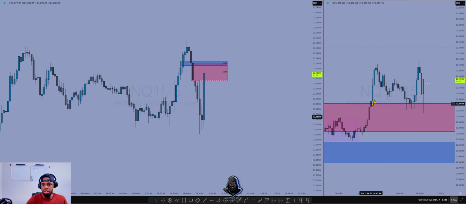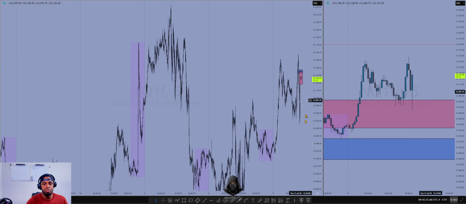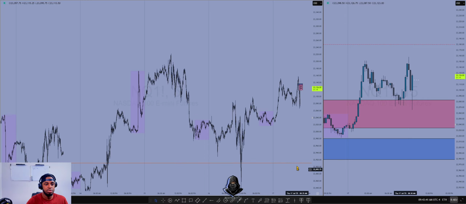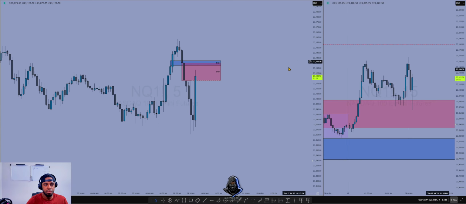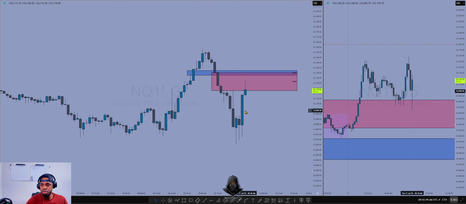But also, if it sweeps this high and price wants to confirm, use this as confirmation, we could possibly go for this low target and Asian range low if price wants to go down. One minute left.